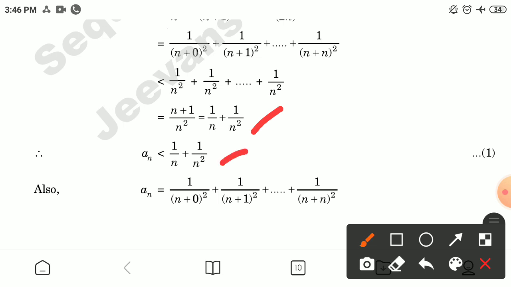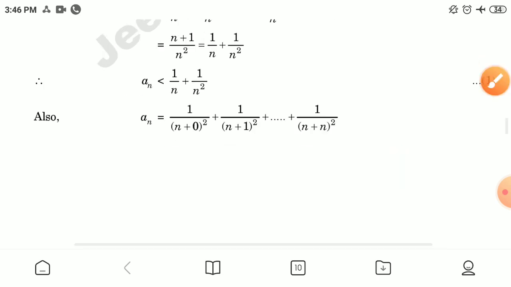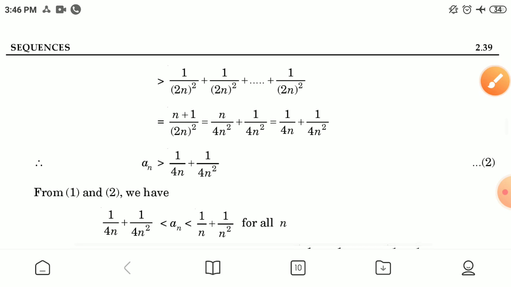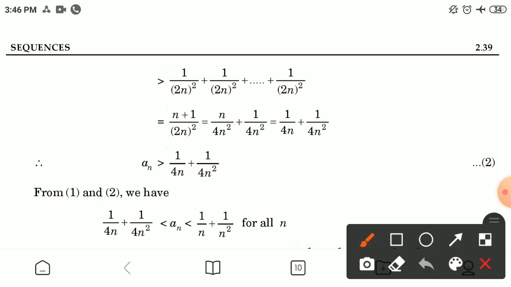An is less than 1 by n plus 1 by n square, marked as number 1. Also an is written again in this form. If we increase the denominator, then the value becomes less, therefore this value becomes 1 by 4n plus 1 by 4n square. An is greater than this, marking this as number 2.